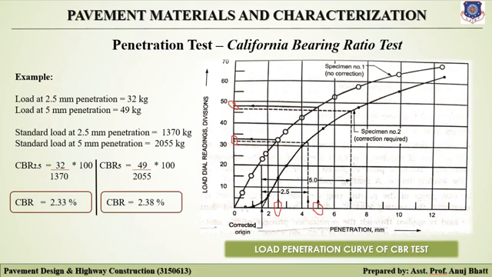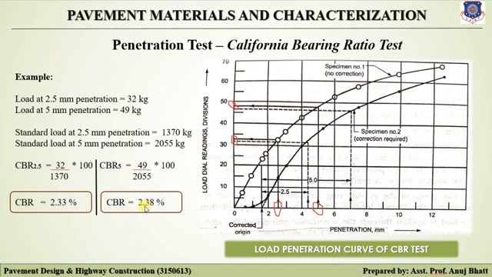So CBR for 2.5 mm penetration is 32 upon 1370 into 100, and the same for 5 mm. So we get the CBR value at 2.5 mm penetration as 2.33, and the CBR value at 5 mm penetration as 2.38. So as we discussed, here the value at 5 mm penetration is higher.